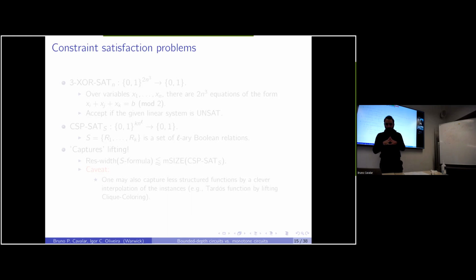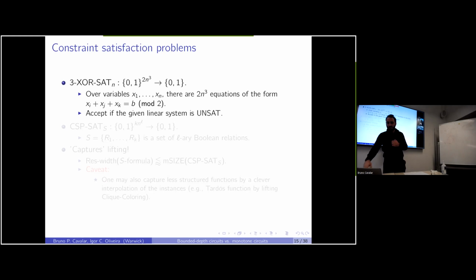Okay. So how is the lower bound for a monotone function in NC2 that was proved recently obtained? It's for this function 3-XOR-SAT. So what is this function? It's a monotone encoding of solving linear systems modulo 2. Let's say you have n variables, and we'll restrict ourselves to equations with exactly 3 variables.